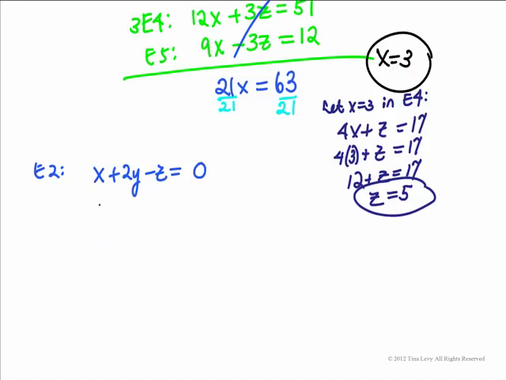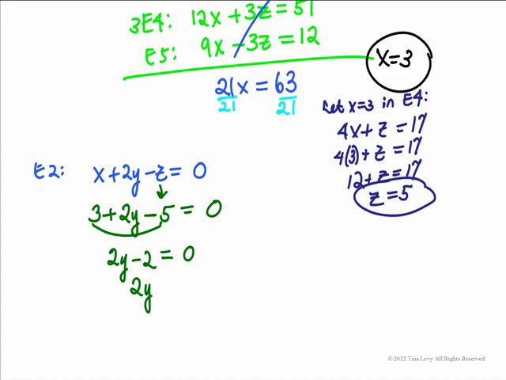So I get 3 plus 2y minus 5 is 0. I have 2y, 3 and negative 5 is negative 2, is 0. Adding 2 to both sides, I have 2y is 2. Dividing both sides by 2, I get that y is 1.